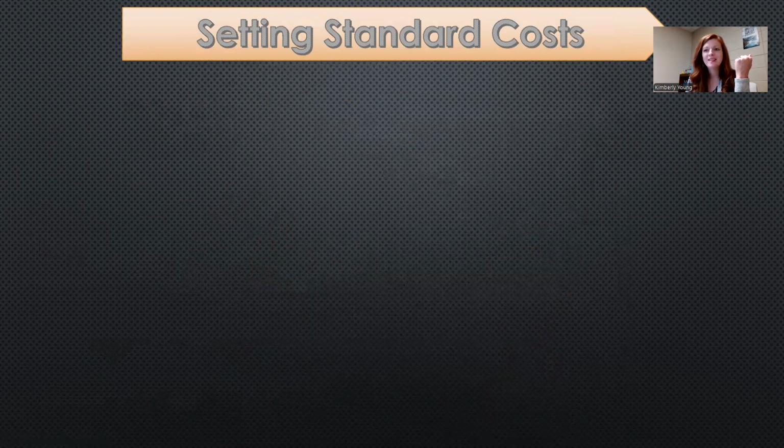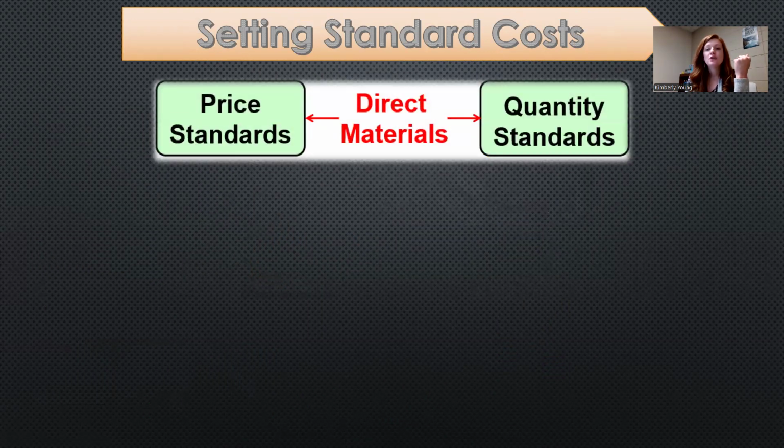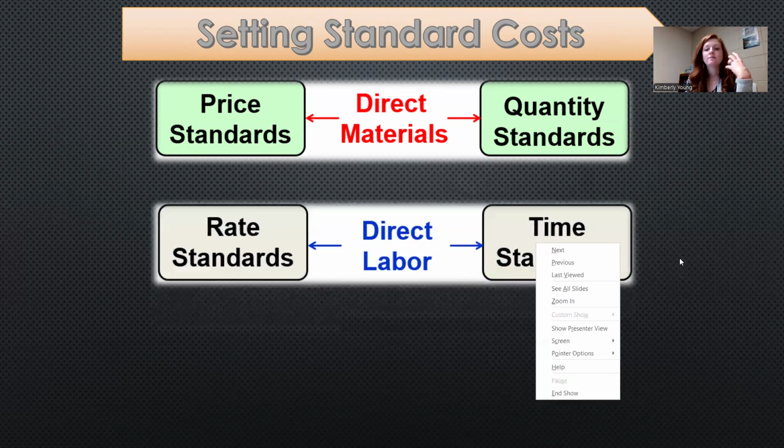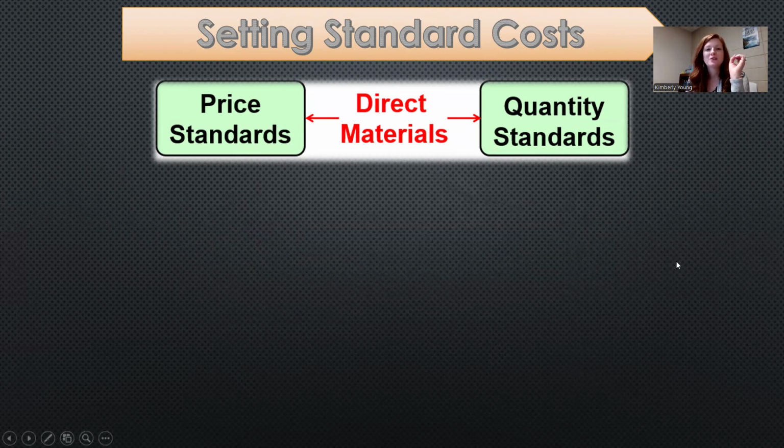Okay, so setting these costs. We have our price standards and then our quantity standards. Let me just talk about direct materials first. Let's say it is tires for a bicycle.